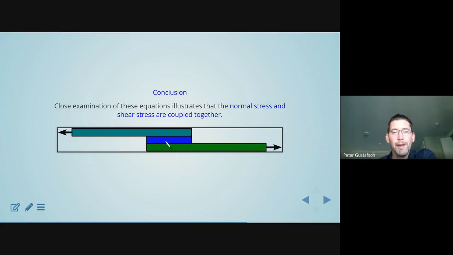This blue is maybe an adhesive that's bonding one wing skin to another, and then this tealish green is another wing skin, and they're bonded together, and they're carrying tensile load. We're carrying load through this structure. What does that set of equations mean to this structural scenario?